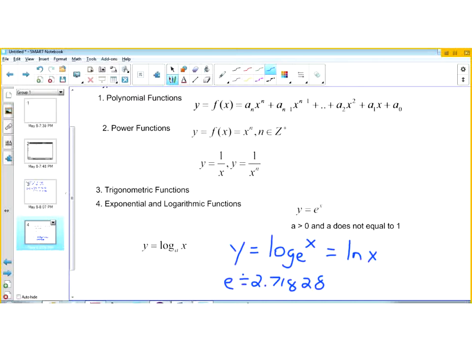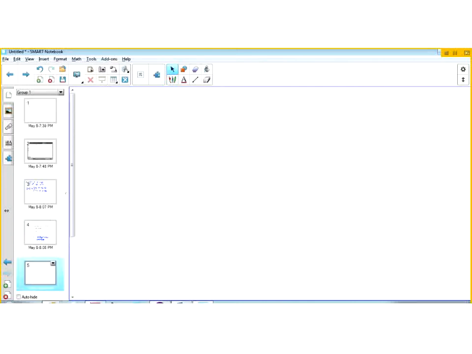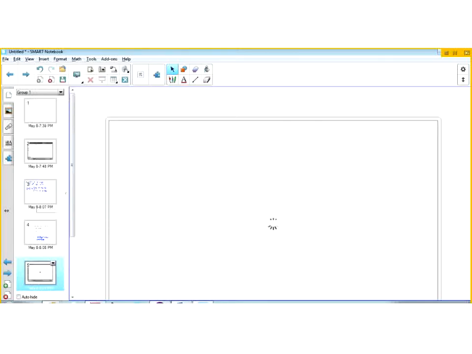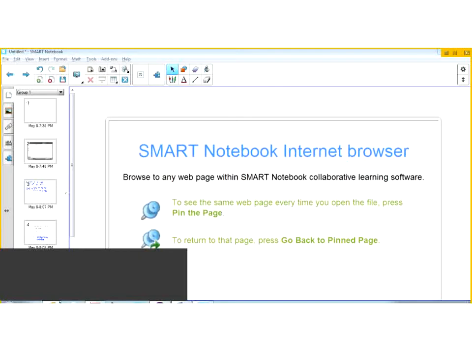And so we have the notion that y equals e to the x and the natural log of x are inverse functions. So what do we mean by inverse functions? Let's see what we mean by inverse functions.